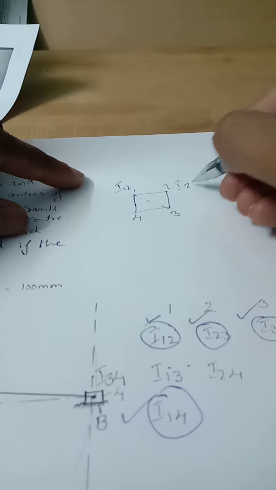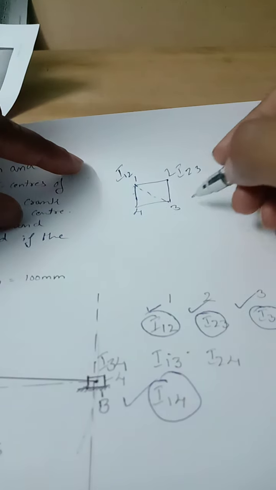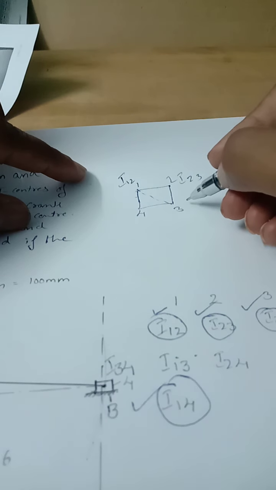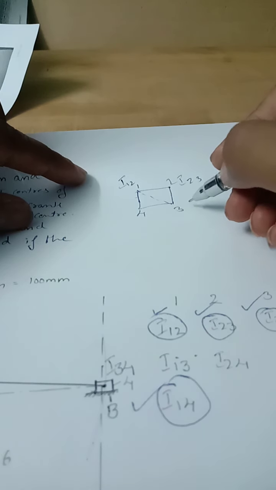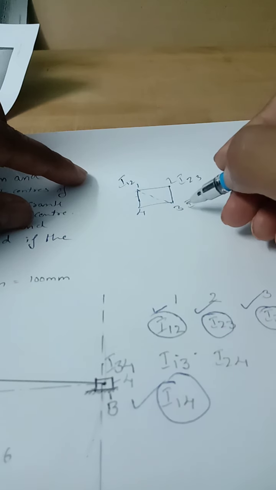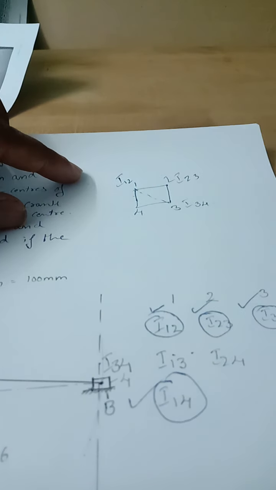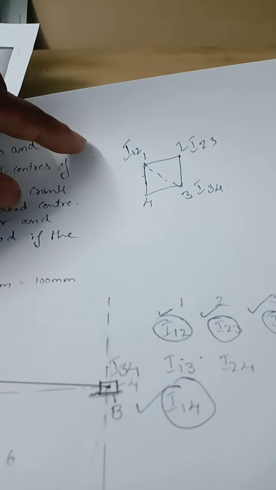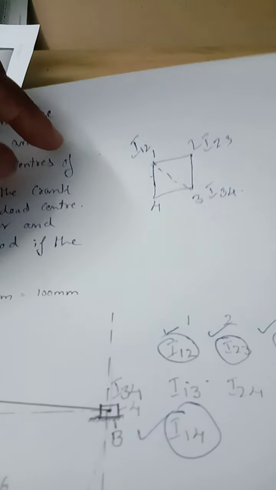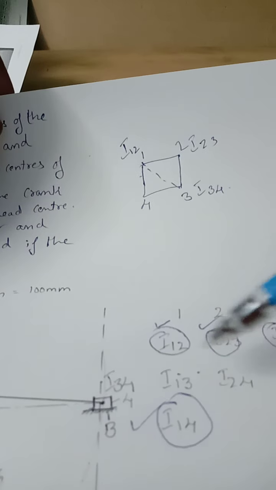Now this point is I12, with respect to link number 1 and 2, this point is I23, with respect to link number 2 and link number 3, and this is I34. Now I will use this diagram so that I can find the location of the unknown I13.